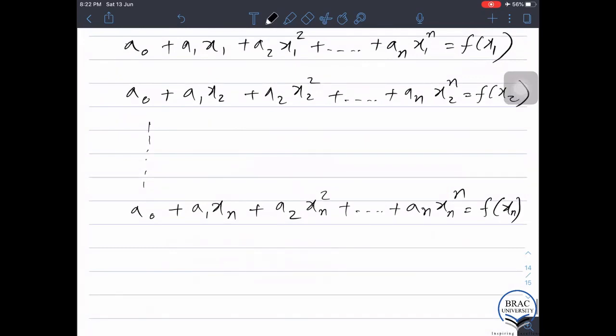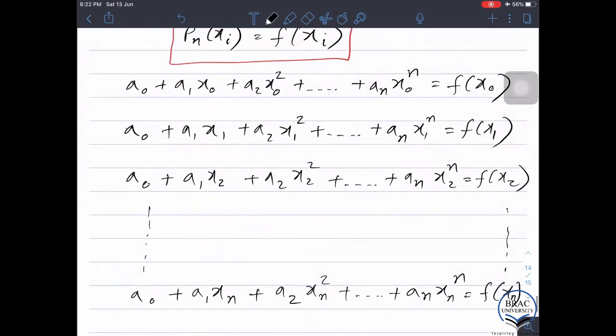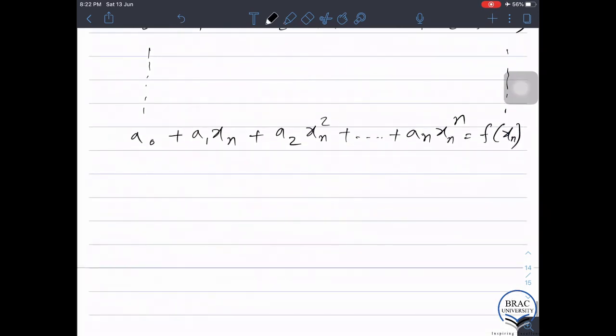Okay, so now obviously this is a very complex equation, but we can write it with matrices, and that will be very easy.